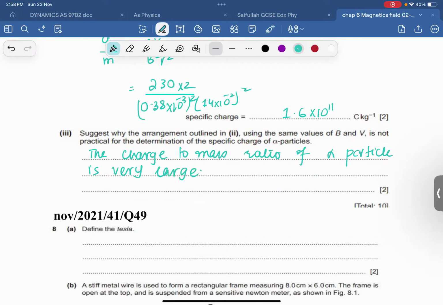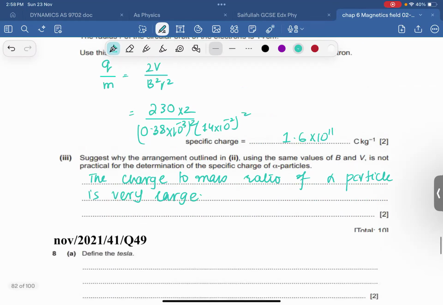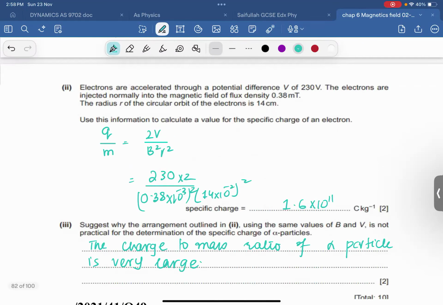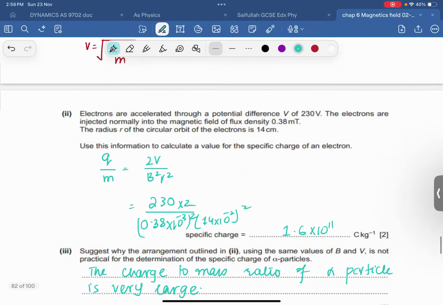But it is not that much larger, because the charge to mass ratio over here is exponent 11, and I'm getting exponent 6, which means it would still be measurable. No, there should be some other answer or some other calculation that I'm missing.